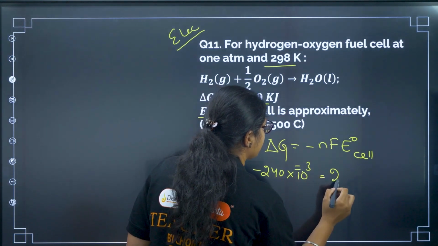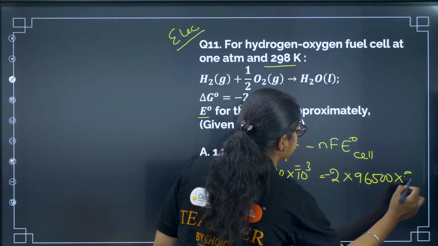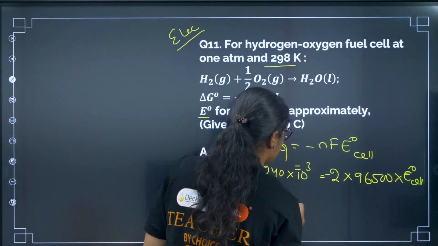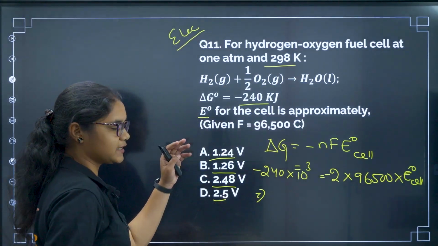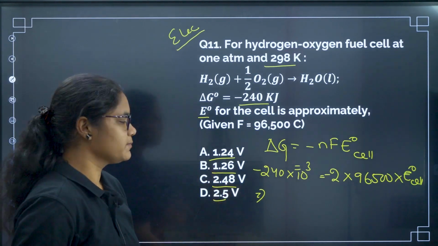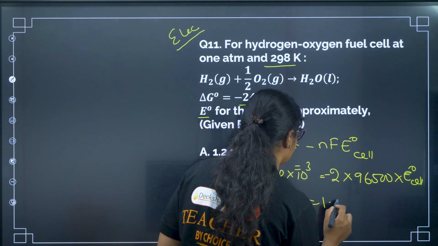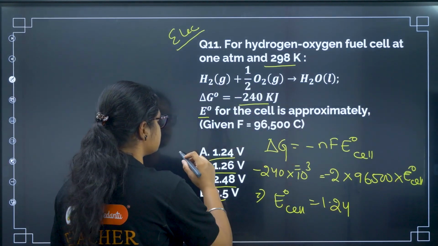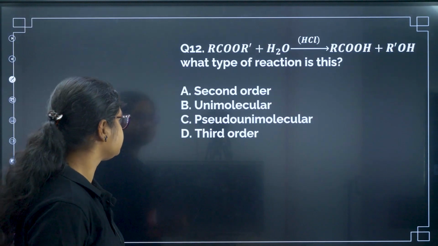For hydrogen fuel cell, n is equal to 2 and E naught of the cell. Okay. So now you can just check here, the options are very close, right? All the options are given very close. So you have to do a little detailed calculation for this one. So if you calculate this value, E naught of the cell, we will be getting around 1.24. Okay. So correct answer for this question is option A. Okay. Next.